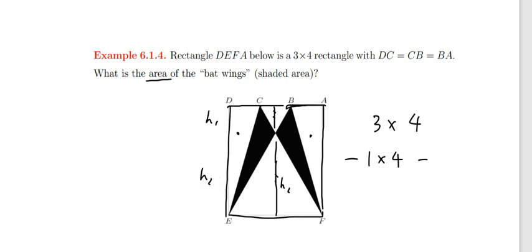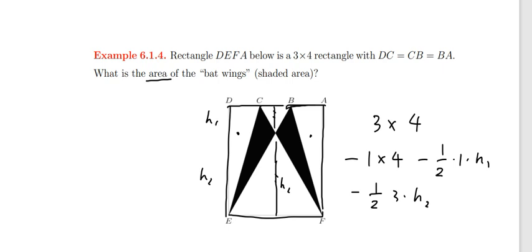So we just need to subtract half 1 times H1 minus half 3 times H2, right? So we just need to find H1 and H2.